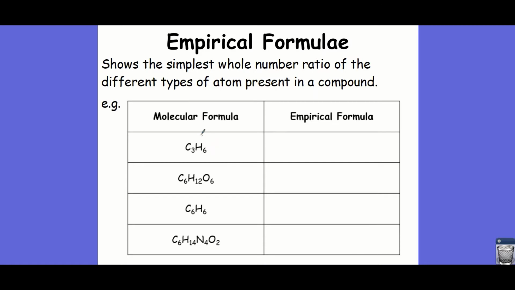So for example, if you have this compound here, C3H6, which is propene, you would just simplify that and the empirical formula would be CH2. C6H12O6, which is glucose, would be CH2O. Benzene would just simplify to CH.